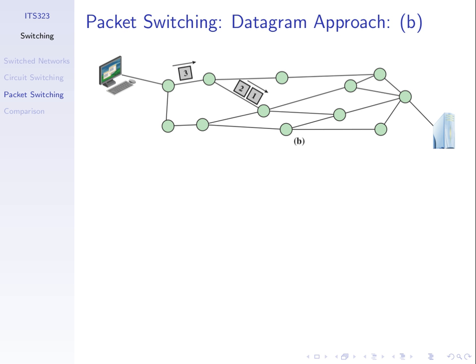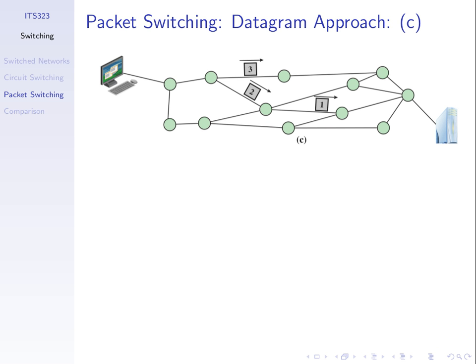Maybe slightly later it measures that many people are using this link. Therefore it makes sense to send our data on some other path that avoids where everyone else is sending their data. So it decides to send packet 3 along a different path. So that's possible in datagram packet switching. Packets may take different paths through the network.